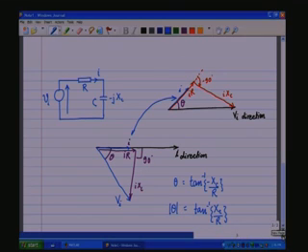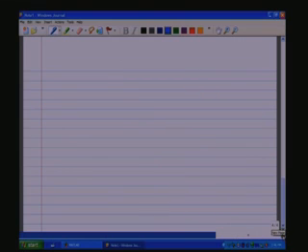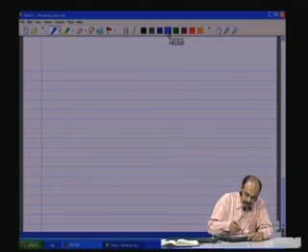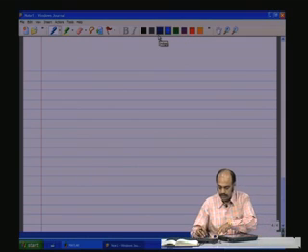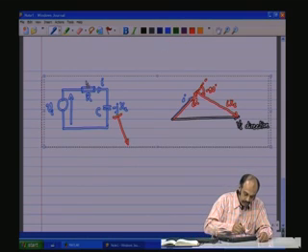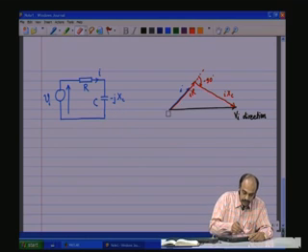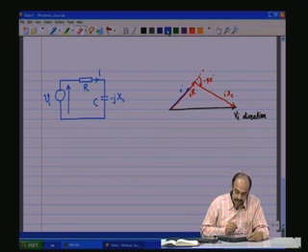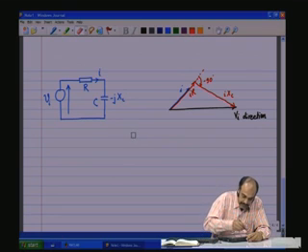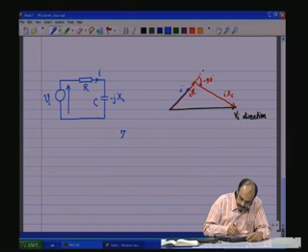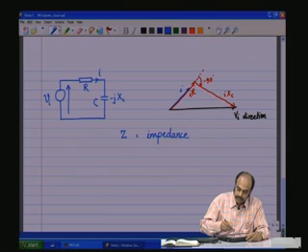Now, here let us introduce a new variable into this picture, and that is Z. Z is called the impedance, also in ohms.